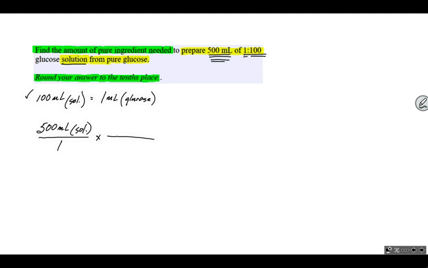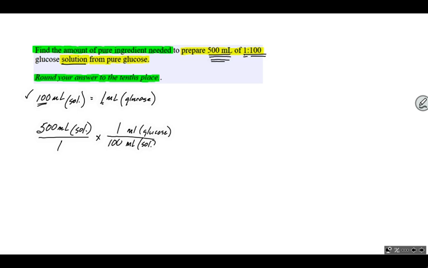We therefore want to have milliliters of solution here on the denominator and milliliters of glucose in the numerator. We can pick up our values now. 100 goes here and 1 goes here, and we are now ready to do the math and solve this problem.